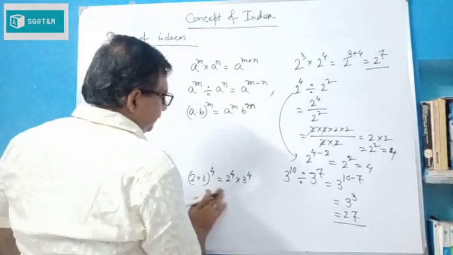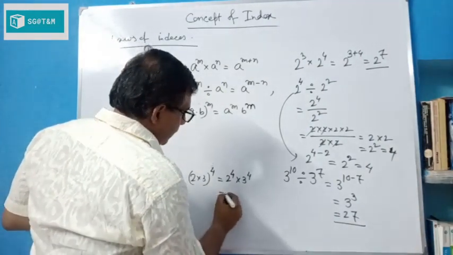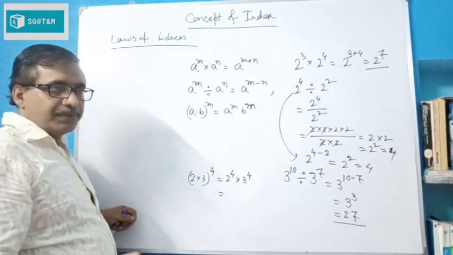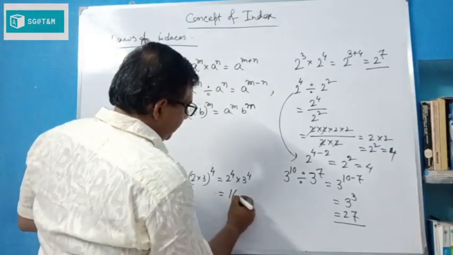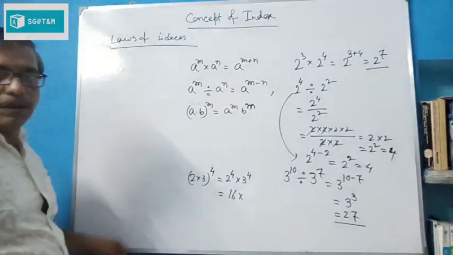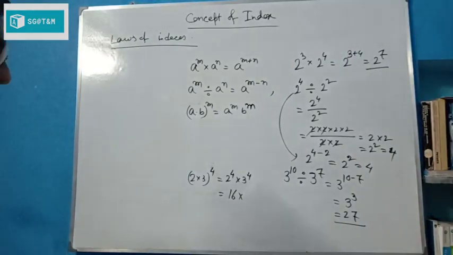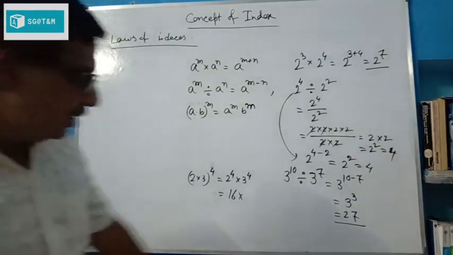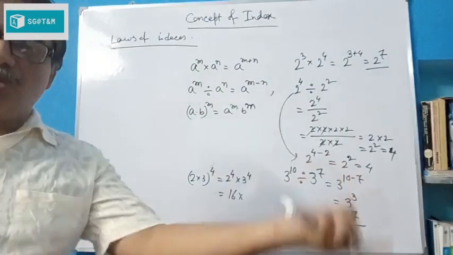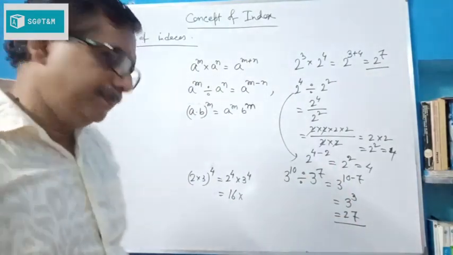2 to the power 4 means 2 into 2, 4 times, that is 16. And 3 to the power 4 means 3 cube is 27, into 3, that is 81.